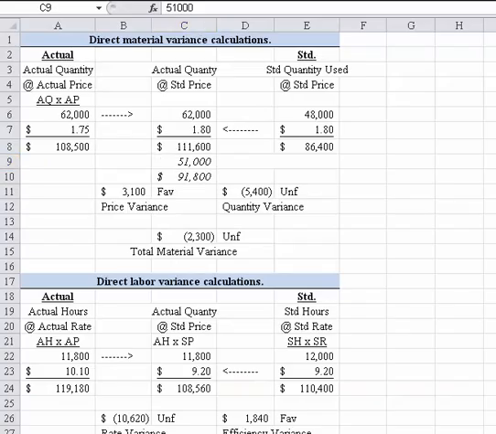So when I slide back over, with that 51,000, we then need to use that to calculate this variance. Well, how do we do that? What we do is we multiply the $1.80 times the 51,000 units that were used in production to come up with a new no man's land or middle ground.